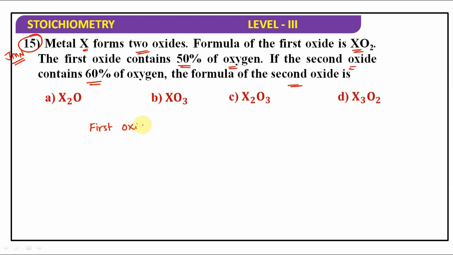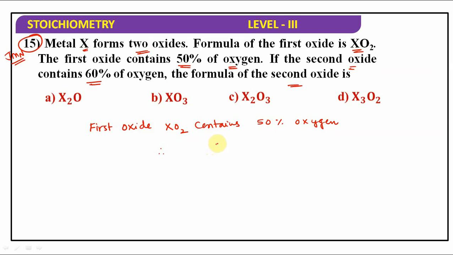First oxide XO2 contains how much percentage of oxygen, children? 50% of oxygen. So here, percentage composition, you try to take it. What is the formula?